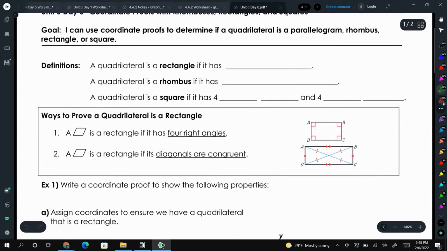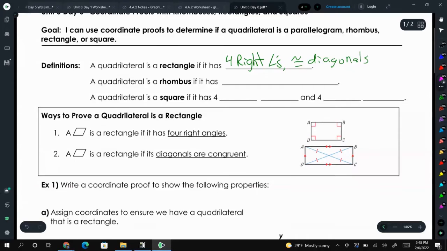So remember, a quadrilateral is a rectangle if it has 4 right angles. We can also say congruent diagonals, because when we classify these things, we're going to be focusing more on the diagonals.